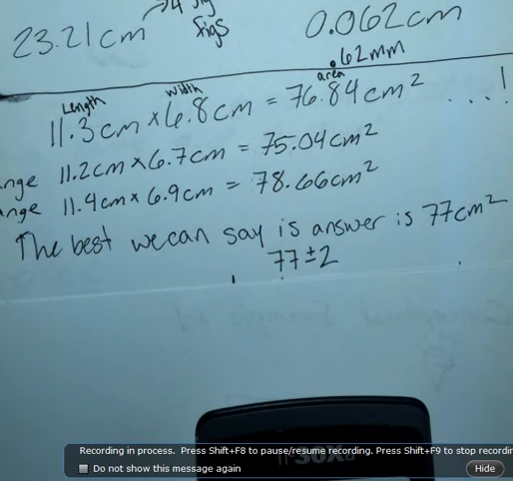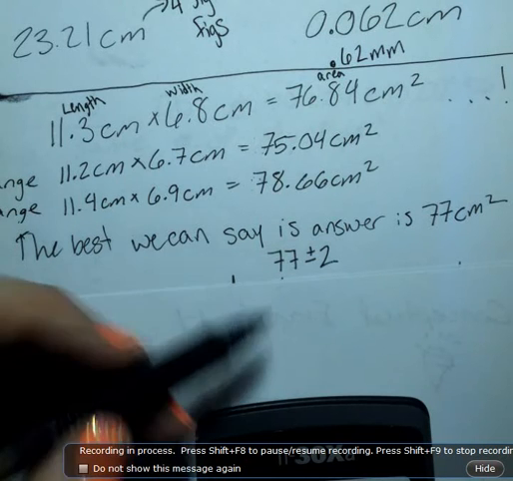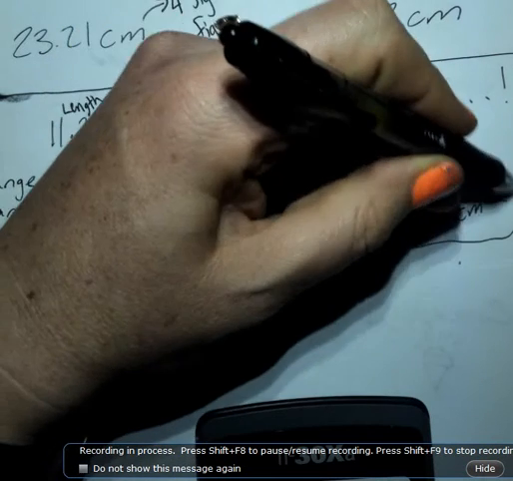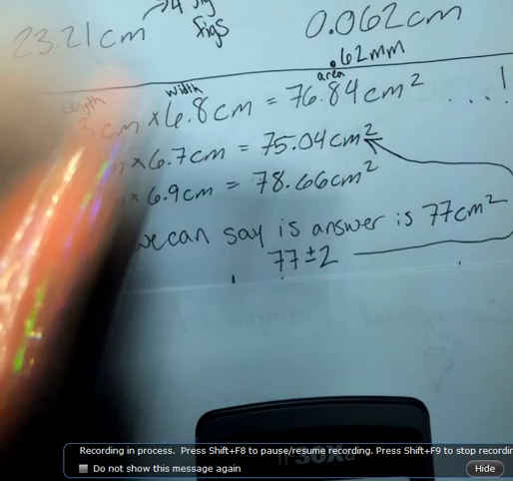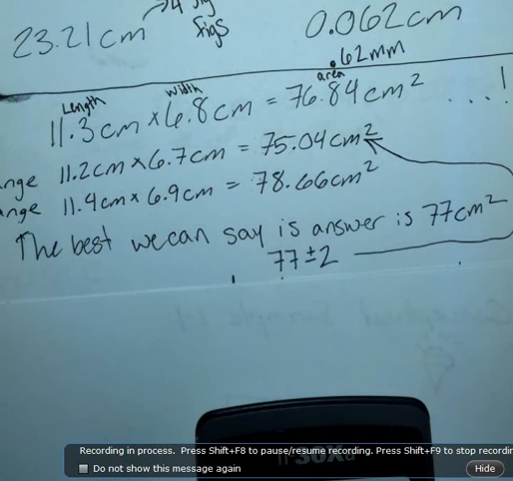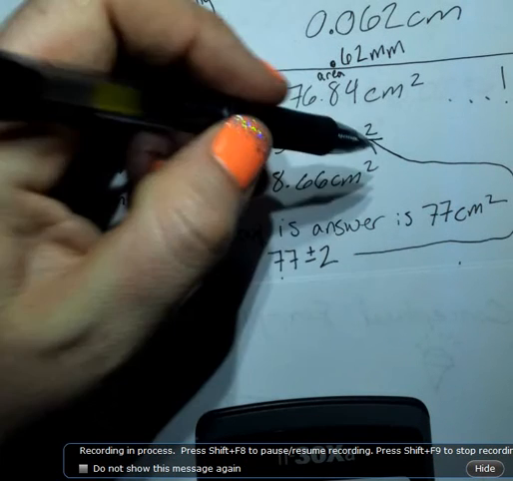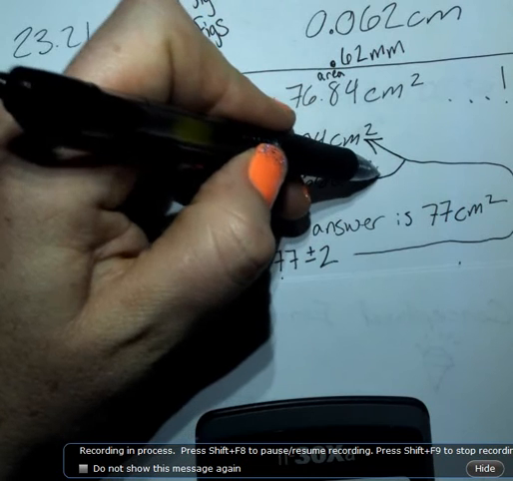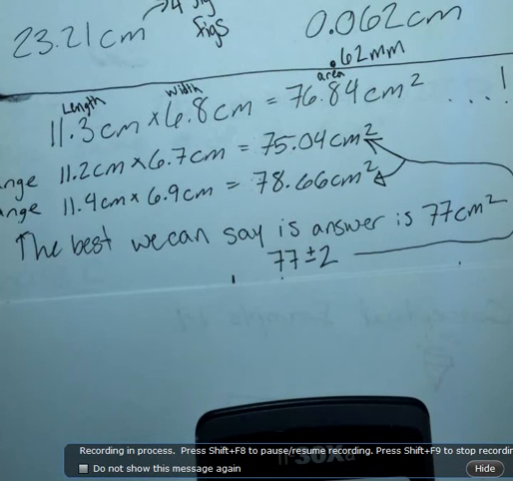This makes sense because 77 plus or minus 2 on the low end gives us a value very close to our lowest range, and 77 plus 2 on the high range gives us a number close to our high range, 78. Therefore, this is really as good as we can do. We can't claim to have any more accuracy.